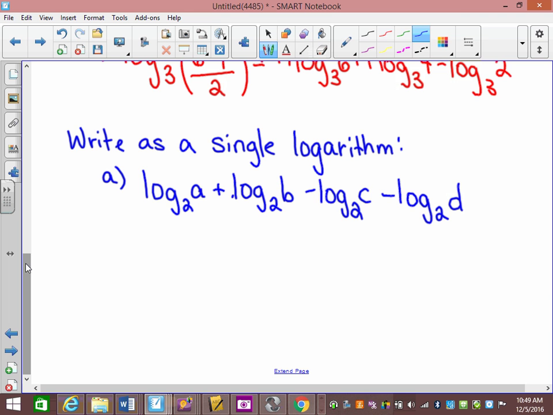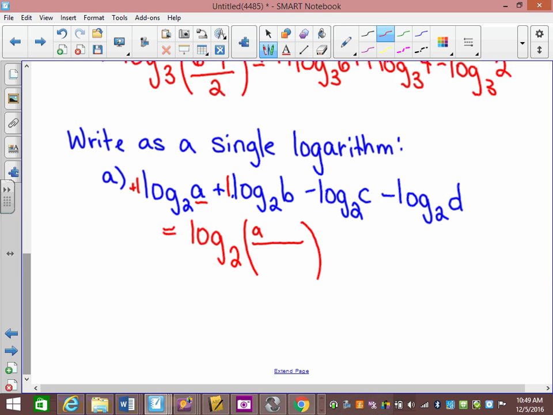So we want to write it as a single logarithm, and whenever they're all the same base, that is a huge hint that you're going to be putting them together. So if you see log base 2, anything with a plus 1 in front stays on the top. Anything with a minus 1 in front goes to the bottom. So this one has a plus 1 in front, so A stays on the top.